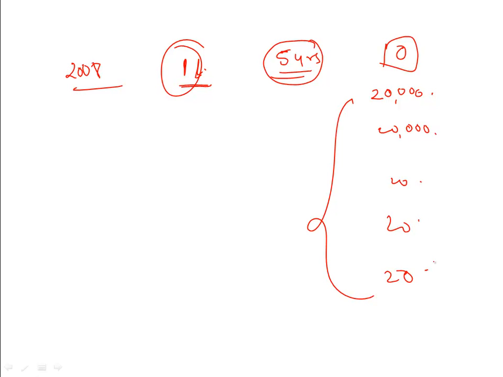My cash went out when I purchased the asset. So when I initially purchased, I spent 1 lakh, but for 5 years I kept on showing 20, 20, but I wasn't paying cash to anyone. I was simply reducing the value of my asset. And that's why we call depreciation a non-cash charge. That means your cash does not go out when you show this expenditure.